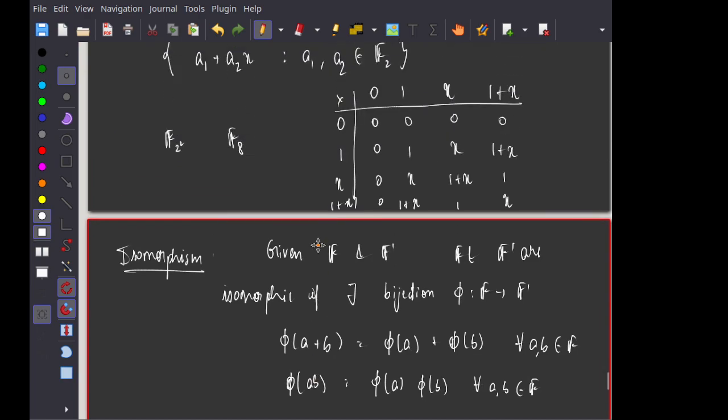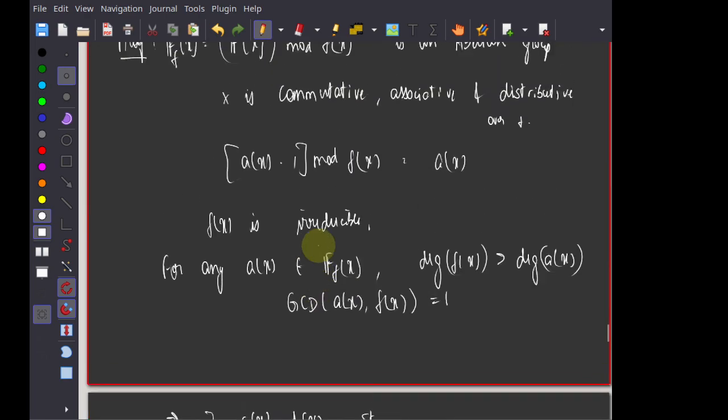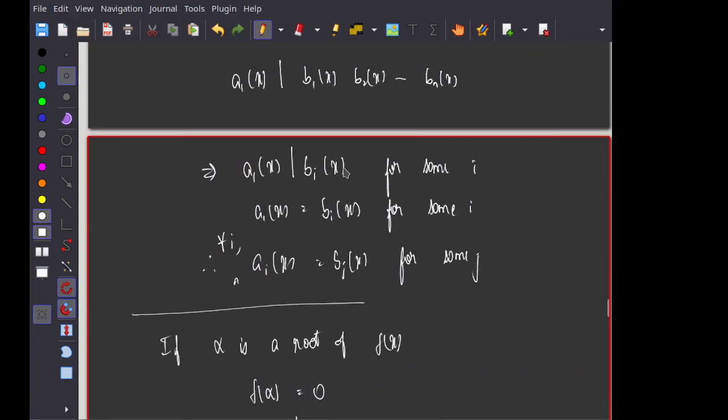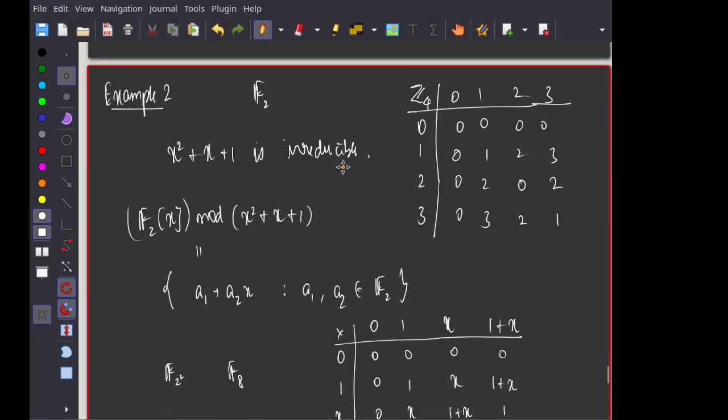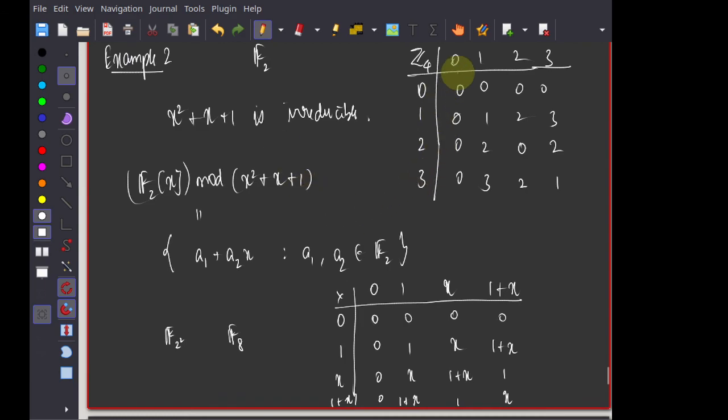So for example, let us take these two cases. These two are different sets, right? Z4 and here. It's possible to construct a bijection from Z4 to this, but there is no isomorphism. Because if you say that 2 is mapped to some non-zero element, the 0 obviously has to be mapped to 0.